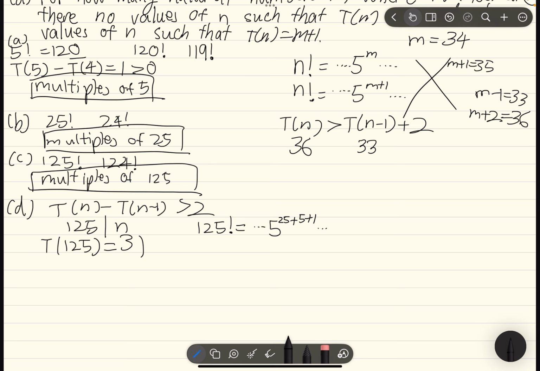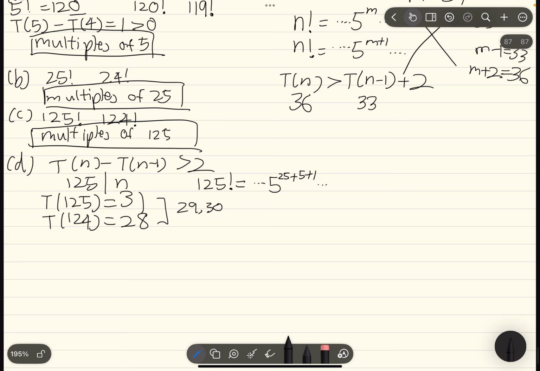So in this case then, T124 would have 24 plus 4, 28. It would have 28 terminal zeros. So what numbers do we skip? We skip 29 and 30, which is m and m plus 1, because these numbers will now never exist in our function T as values.